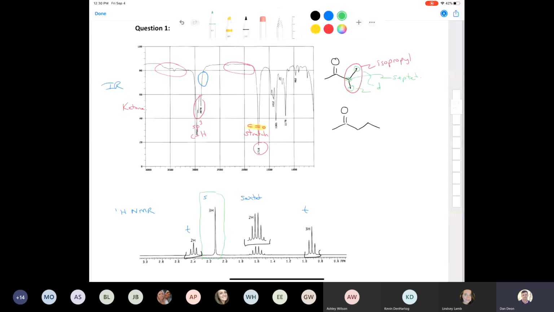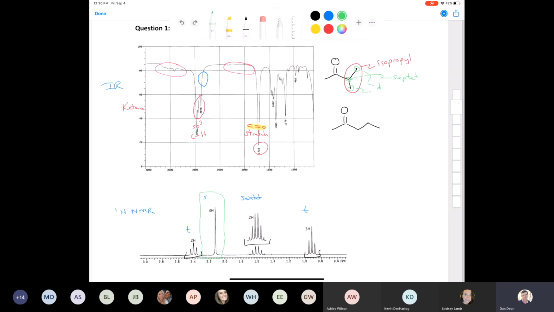That's something that we covered last spring. If you were in my organic chemistry class last spring, we talked about the isopropyl group. And in here, there is no doublet and there is no septet. We don't see that anywhere, and so that is impossible. It cannot be this structure that I have drawn here.